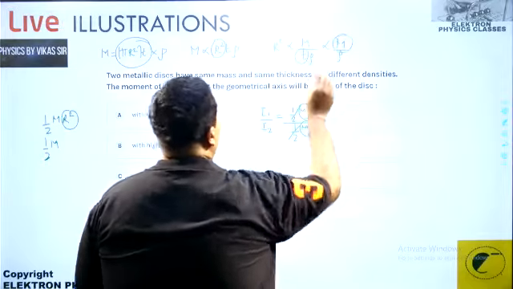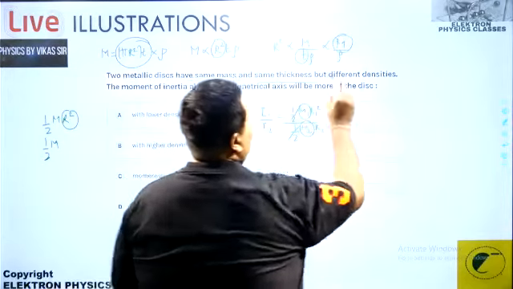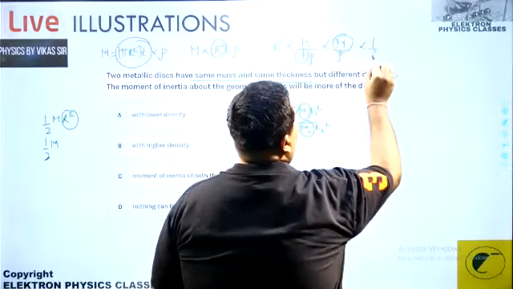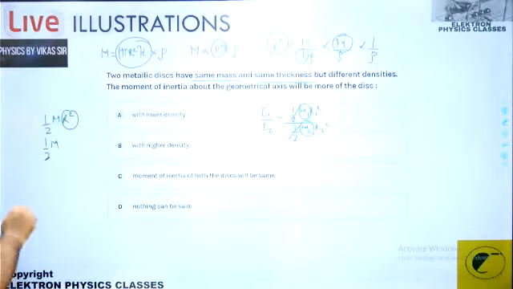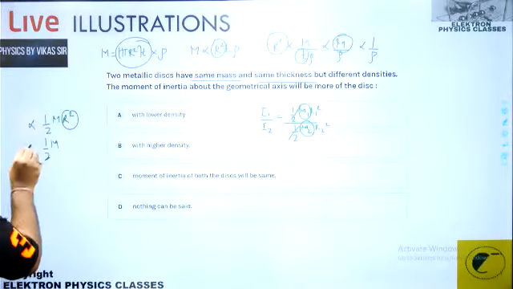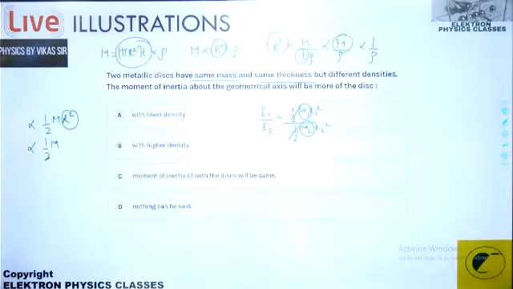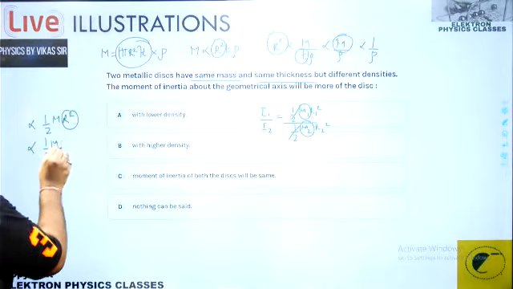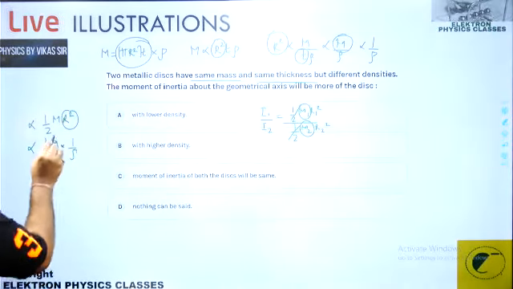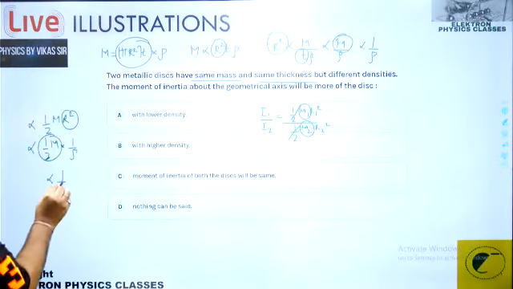And m is the same because it has the same mass and the same thickness, so r square is proportional to simply 1 upon rho. So the moment of inertia is proportional to half m r square, and r square is proportional to 1 upon rho. Hence I can write this relation as proportional to 1 upon rho, because the rest is constant.